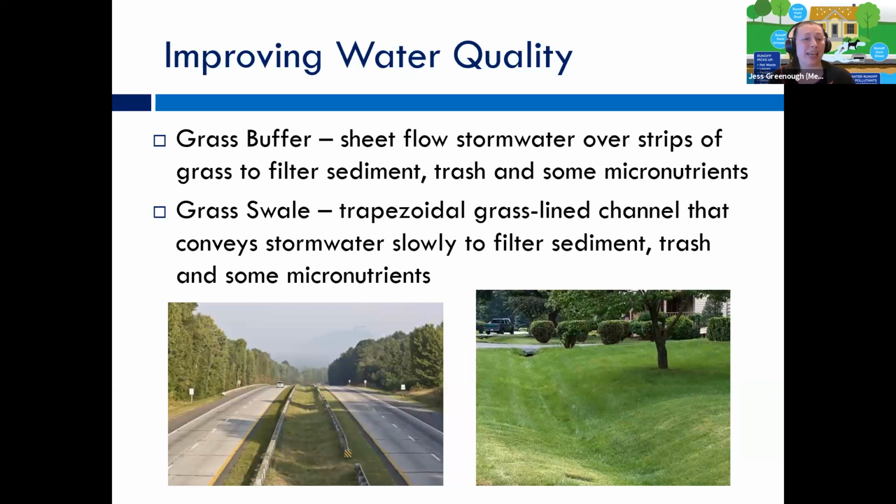But we can basically take water and run it through a biological type system. So a grass swale or a grass buffer, because that'll filter out a lot of the larger stuff like sediment and trash. And grass will also start to eat some of those micronutrients like phosphorus and nitrogen, and pull that out before it gets to a waterway.